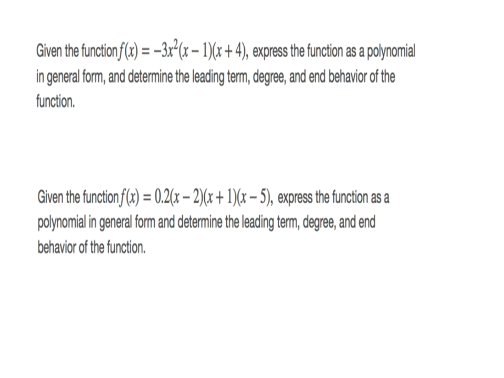Okay, given the function -3x squared times x minus 1 times x plus 4, express the polynomial in general form. Determine the leading term, the degree, and the end behavior of the function. So the good news is you don't have to multiply this all the way out.